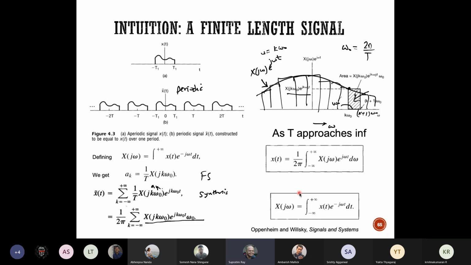Okay, so now this is the third one that we have done. We had Fourier series, in which the signal is continuous and the coefficients are discrete.